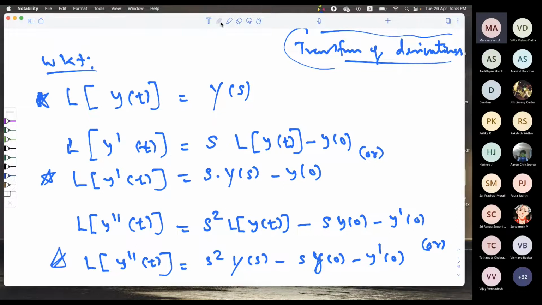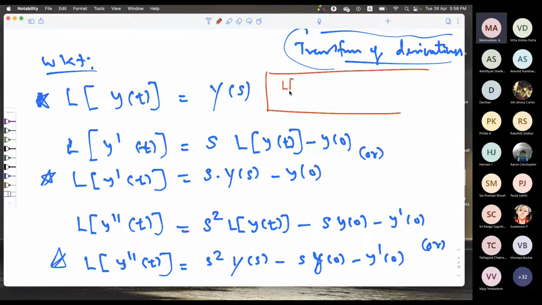Now the formula is for the Laplace transform of y of t. Here everything is written. For your understanding, I will write it and then remove it. The Laplace transform of y of t, suppose we take it as Y of s.